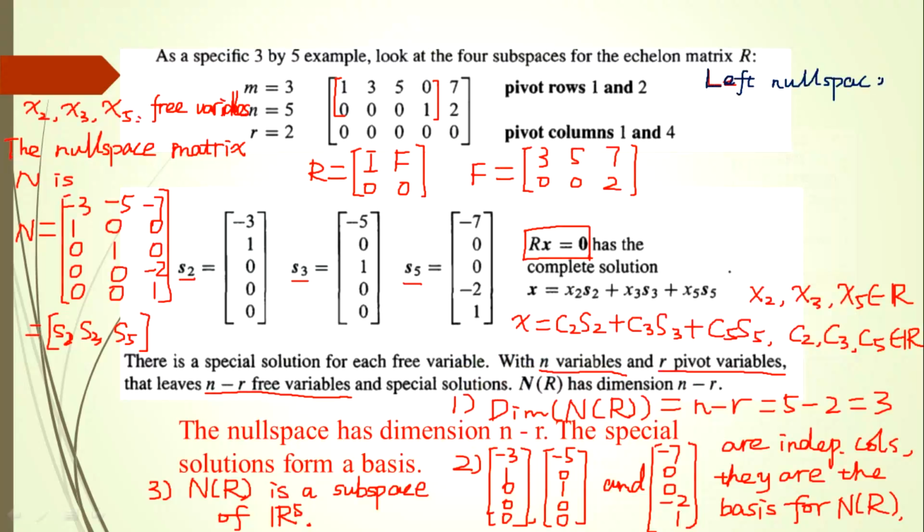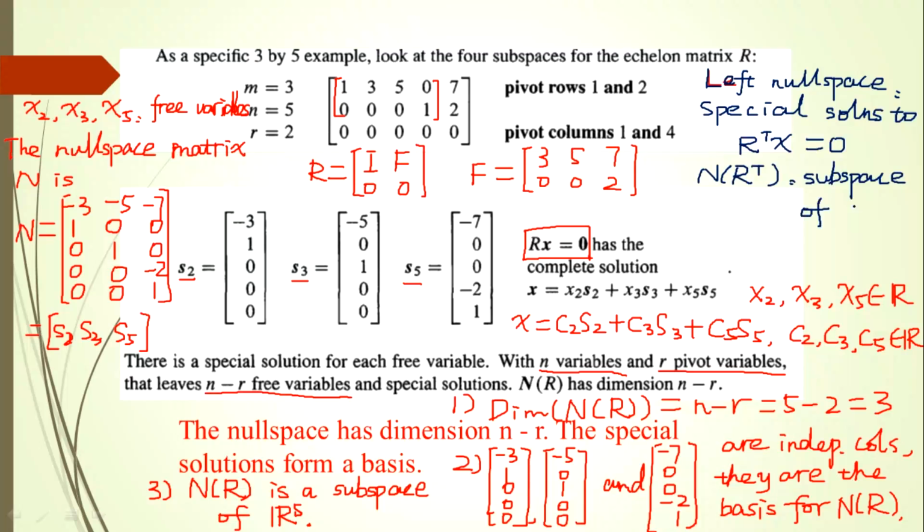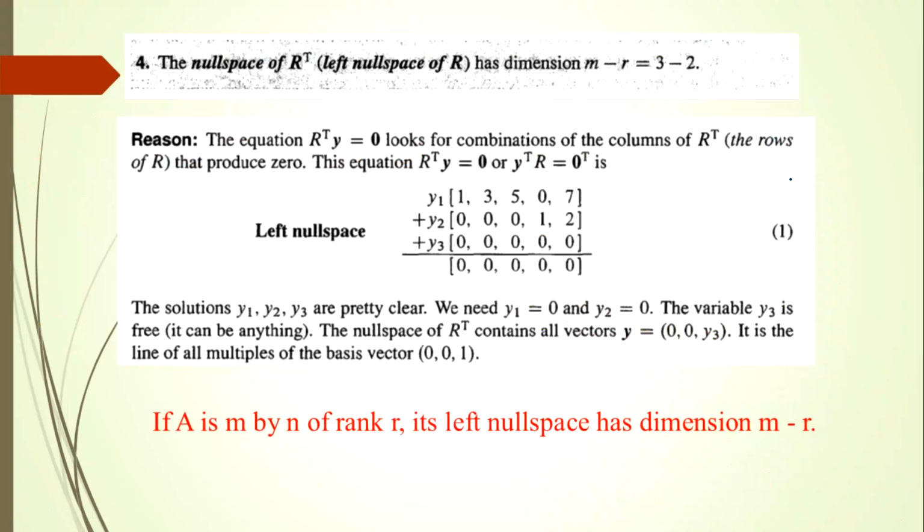For the left null space, we need to consider the special solutions to R transpose x, and the null space of R transpose is a subspace of Rm, which is R3. You can read this last subspace by yourself, okay?